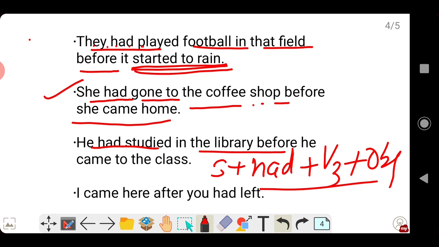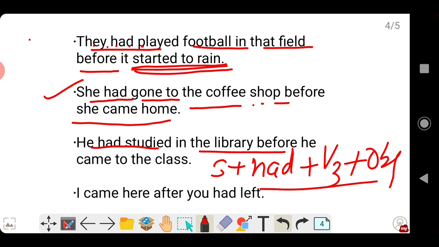If you are in a situation where you want to explain something and suddenly need a sentence in the past perfect tense, you can make it. It is definitely not an issue at all. "He had studied in the library" is also a sentence, but most of the time it is used in the case of two sentences: he had studied in the library before he came to the class.